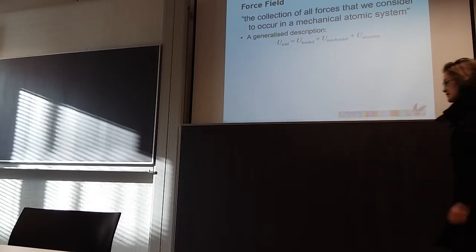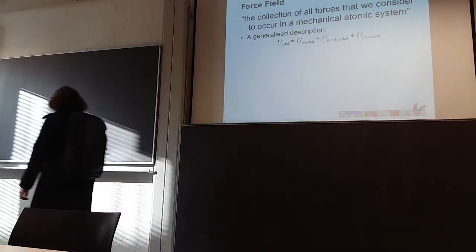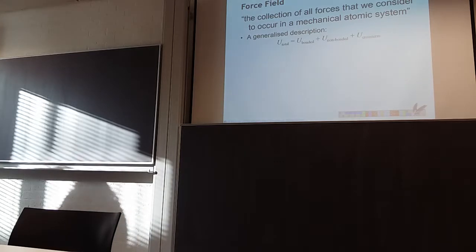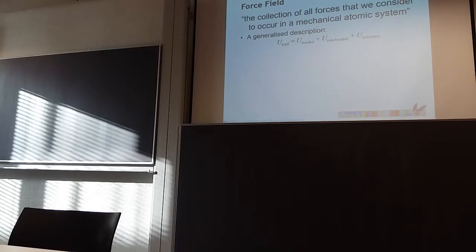Atoms close to each other, which have a bond. Yeah, so atoms close to each other, certainly if they're in one molecule, if there's a chemical bond between them. Let's say all the atoms in the side chain of a protein have bonded interactions. And between molecules, they don't have a chemical bond. They have chemical interactions, but not a chemical bond. So they have non-bonded interactions.